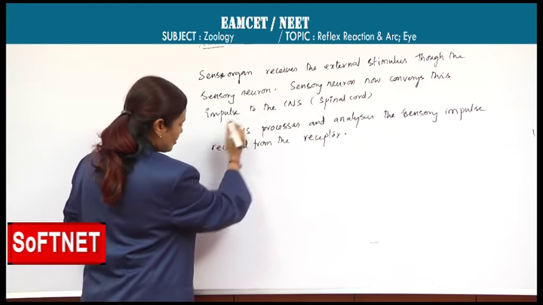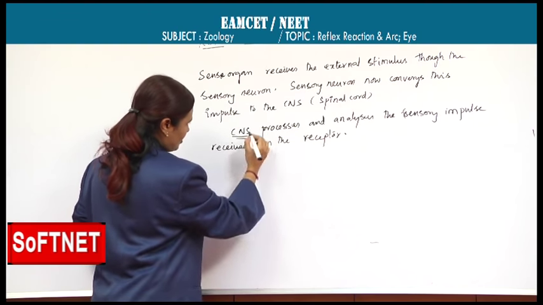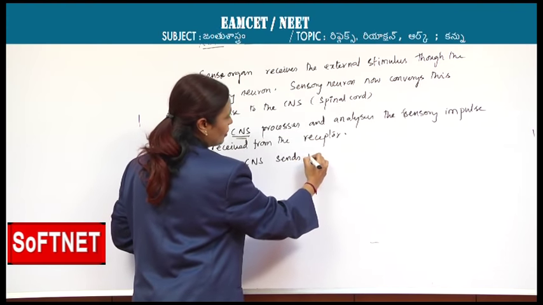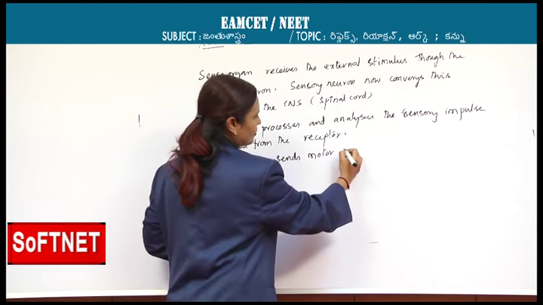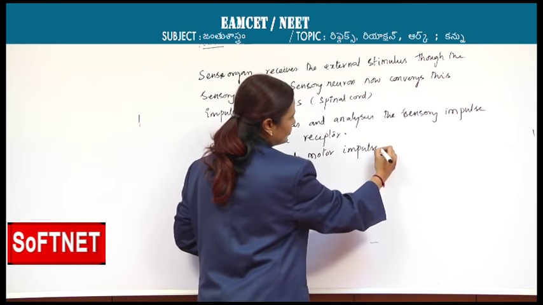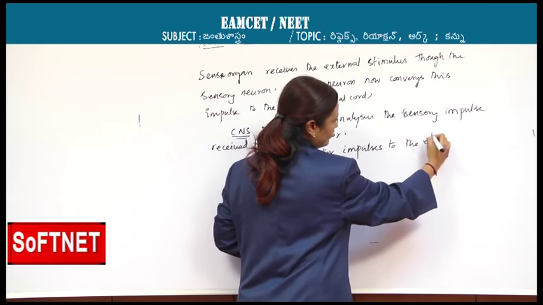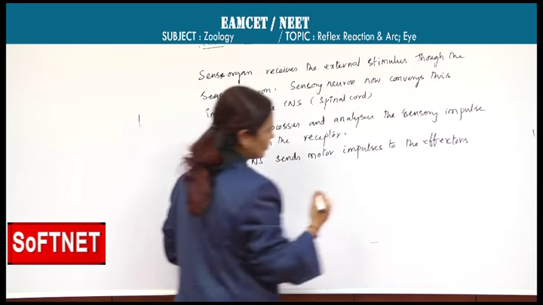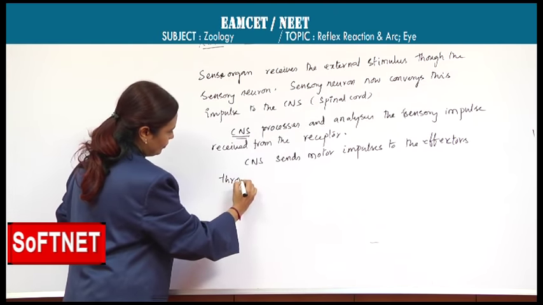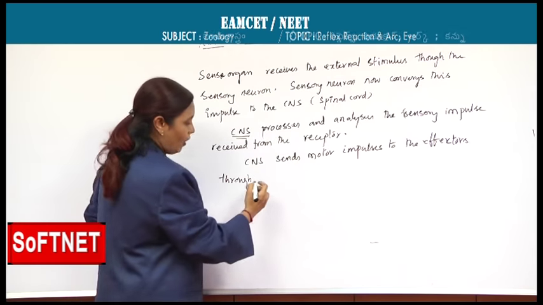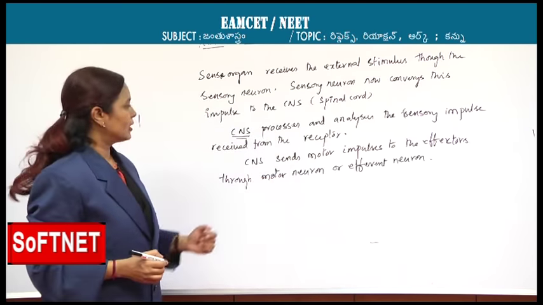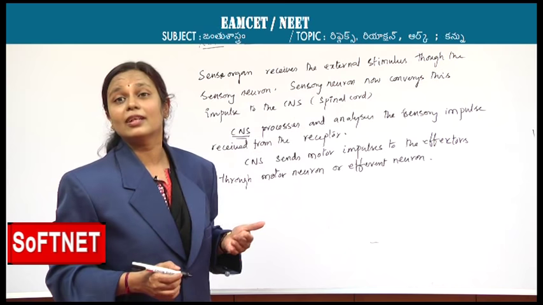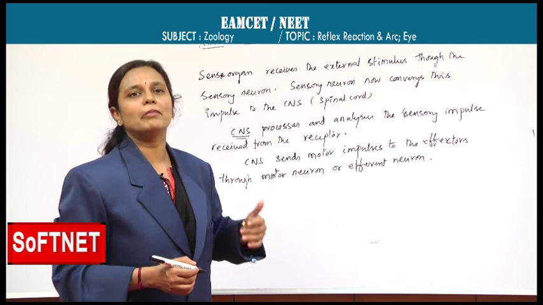Now this central nervous system sends motor impulses to the effectors through the motor neuron or efferent neuron. That is how we respond immediately to the stimuli that are received, not under conscious control.